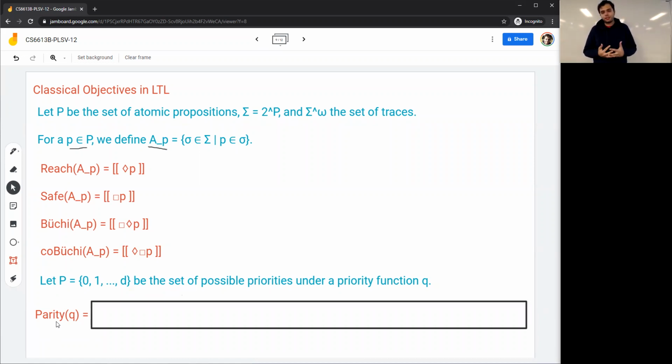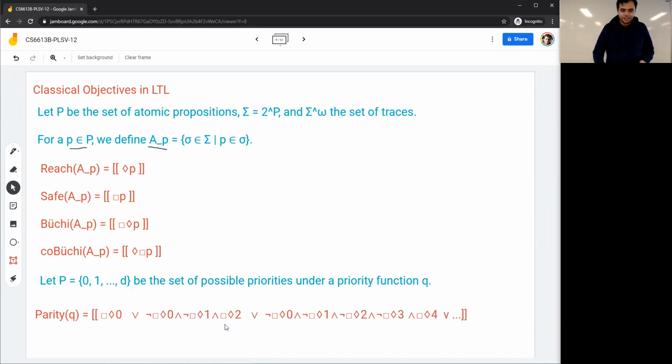Actually, this is very similar to what you should do for translating parity conditions to Büchi conditions in automata. That's one of the homeworks. So maybe I shouldn't show you this, but well, I will show you. Any ideas, really?